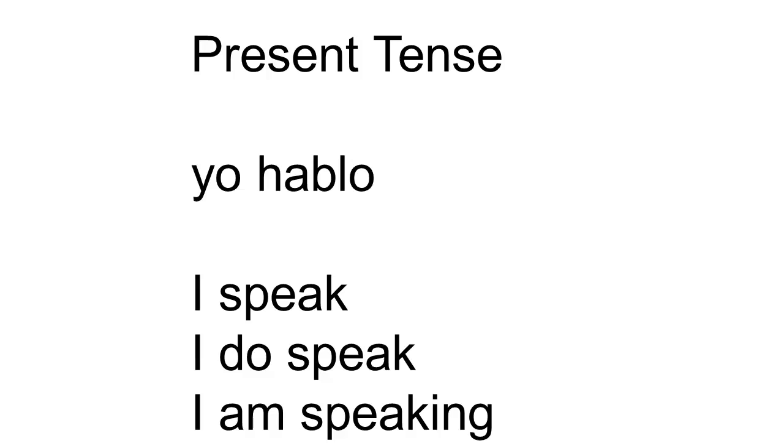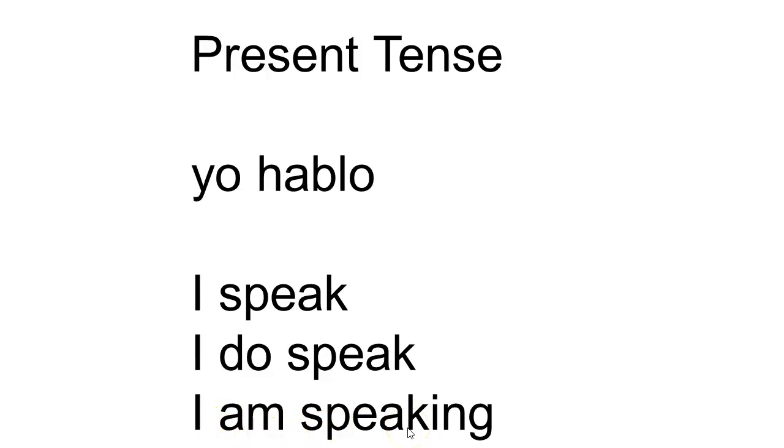In the present tense, remember I have several present tense videos, all of the different aspects of the present tense. So this would be from the video on just regular AR verbs. Remember that when you conjugate a verb in the present tense, for example here, yo hablo, it can mean three different things. Yo hablo can mean I speak, I do speak, or I am speaking.